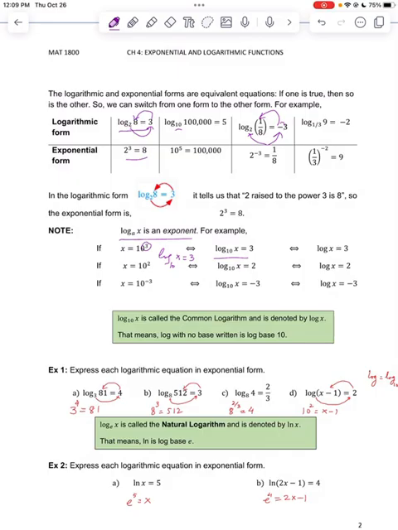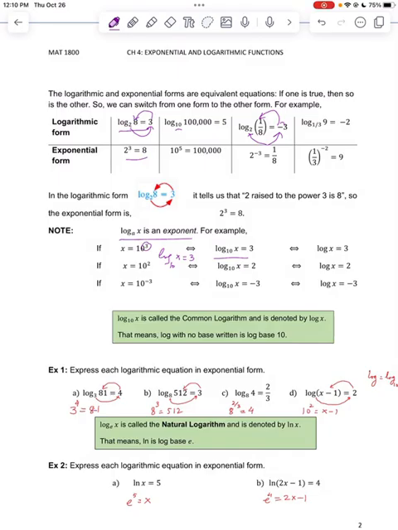But notice, when the base is 10, it is common not to put the 10 there. This is universally accepted. So instead of log base 10 of x, we just say log of x. If you notice on your calculator also, you have the button log. That means the base is 10.